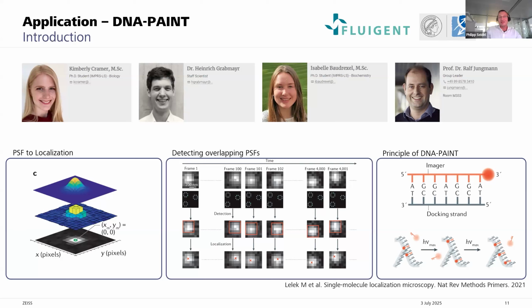But as long as this point spread function of a single fluorophore is isolated and does not overlap with some other point spread function, you can still calculate with high precision, with sub-pixel precision, the localization of that fluorophore. And that is the idea of single molecule localization microscopy. In a real sample, however, you will typically have overlapping fluorophores.